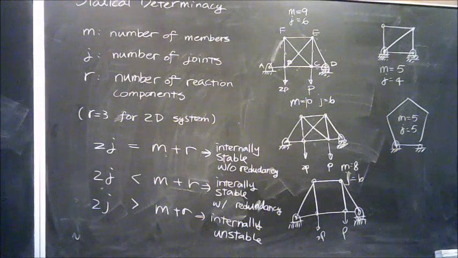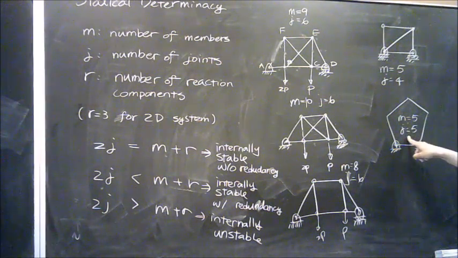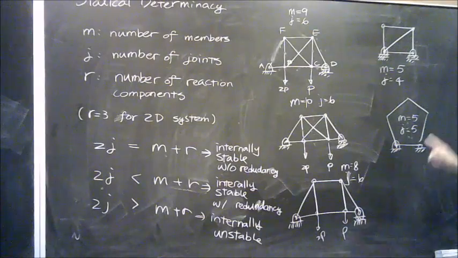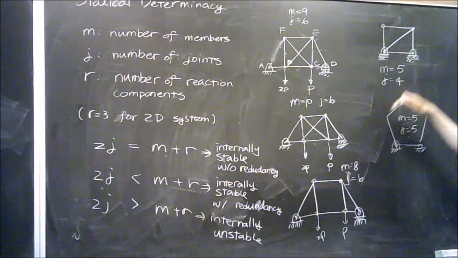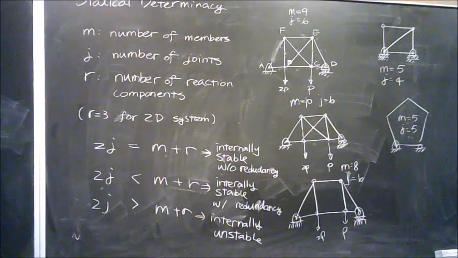So is that internally stable or unstable? m plus r plus 3 equals 8. 2 multiplied by j equals 10. So is that internally stable or unstable? Unstable. If you push over here, it might push to the other side. If you press from the top, it might go inside. So this is internally unstable.